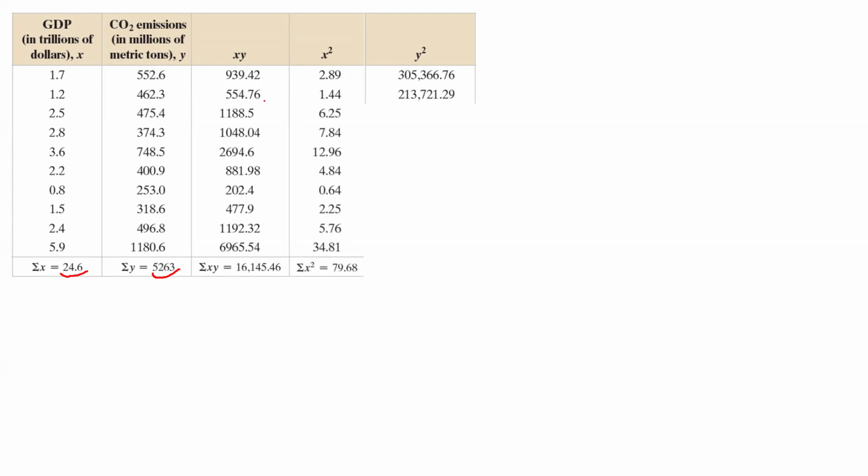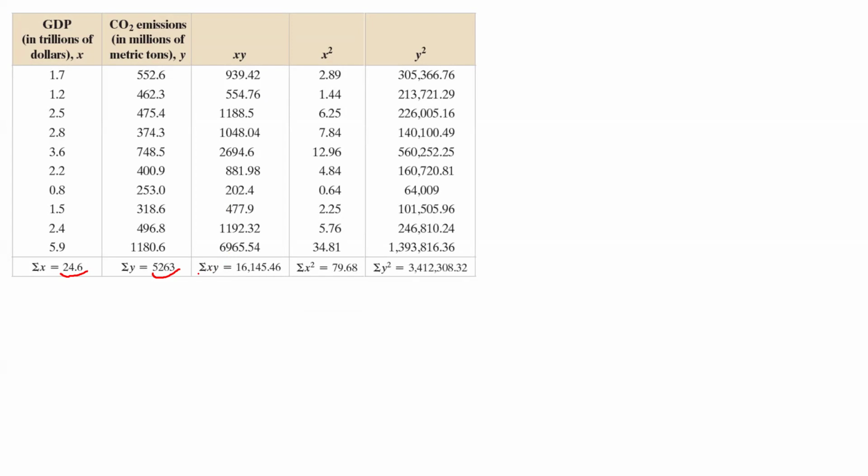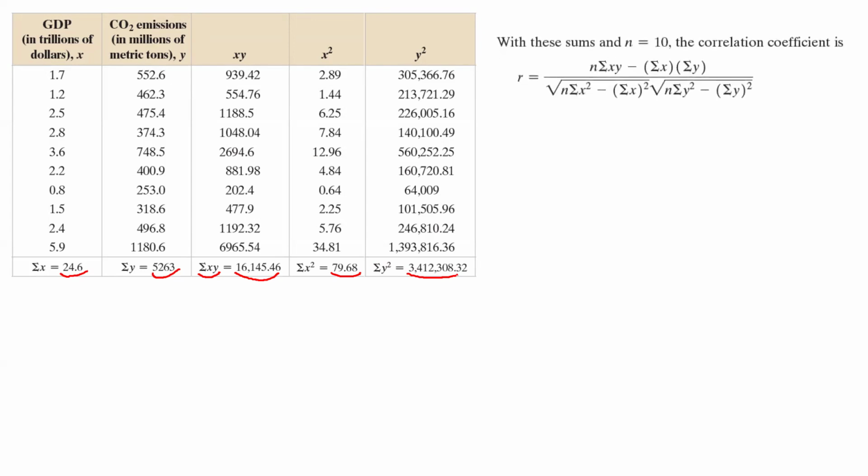Multiply X and Y's, square X, square Y, and then add all of X, Y multiplications. It's going to be 16,145.46. If you add X squared together, this is going to be 79.68. If you add Y squared together, you get 3,412,308.32.